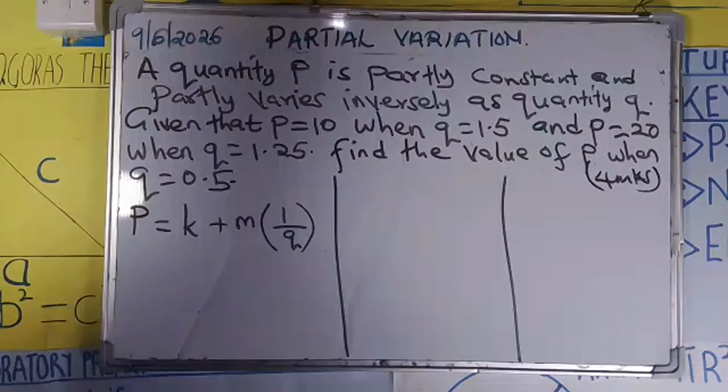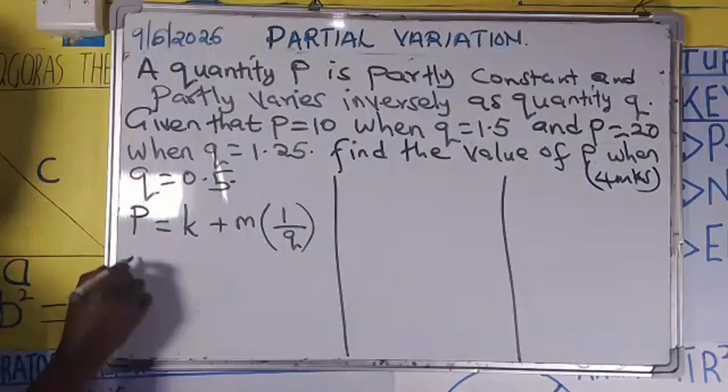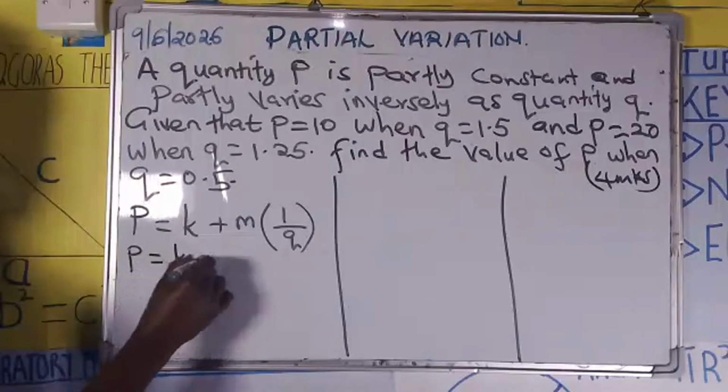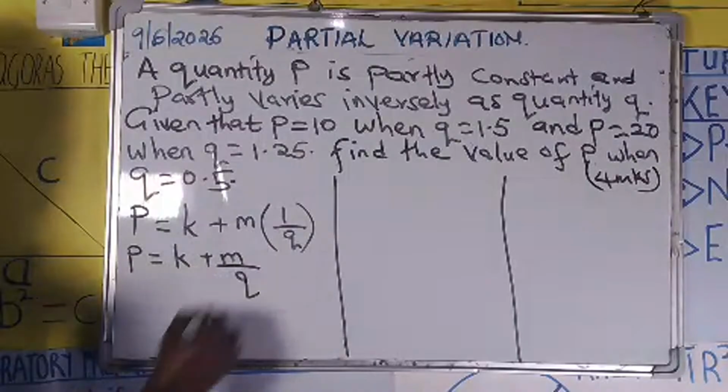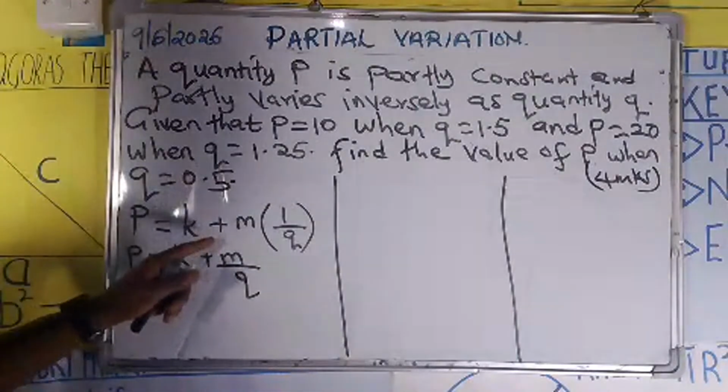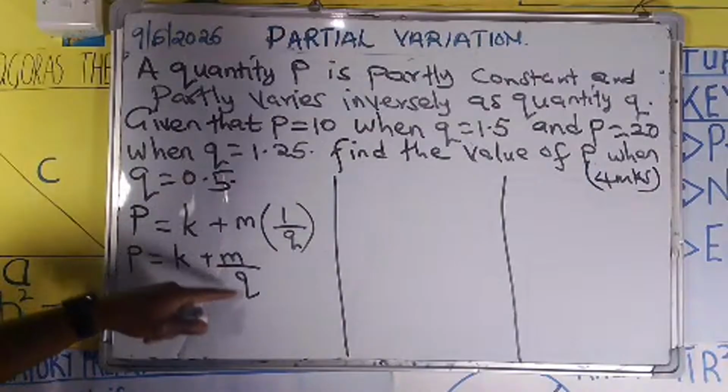So this is the same as P is equals to K plus M times 1 over Q. It can also be written as P equals to K plus M over Q.